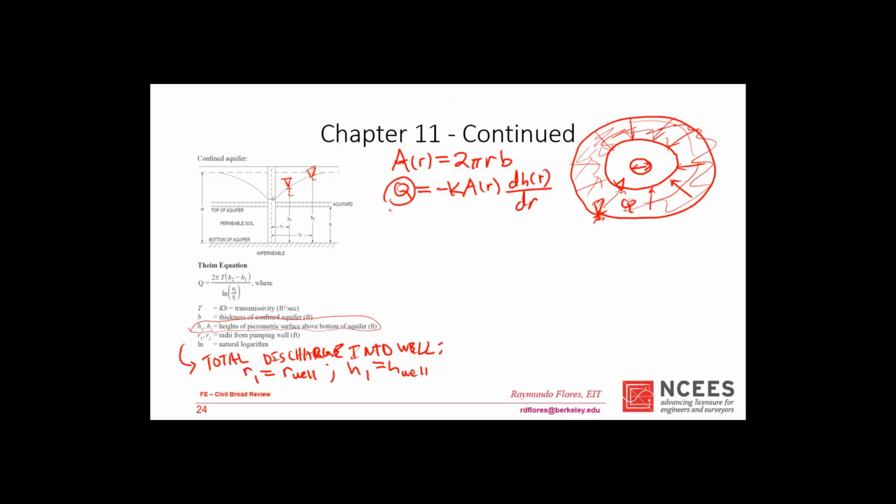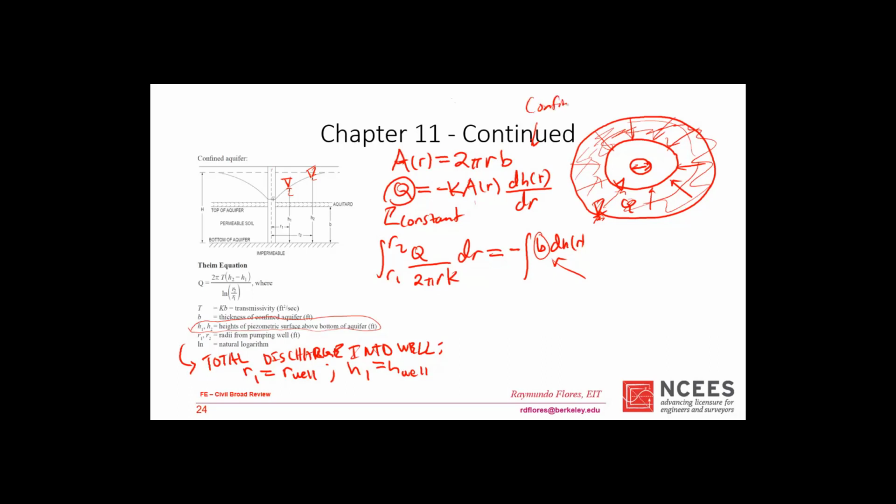If we're going to derive this, remember this is the constant, and if we're going to rearrange everything, from the fact it's constant you're going to have the integral from R1 to R2 of Q over, and if you plug everything in, you get 2 pi R K equals, plugging this thing into here, minus this, then it's B DH over R. We don't have, this is the difference, because remember, this is all confined.